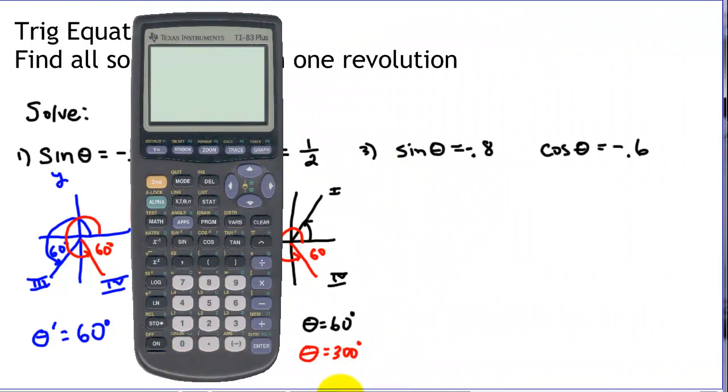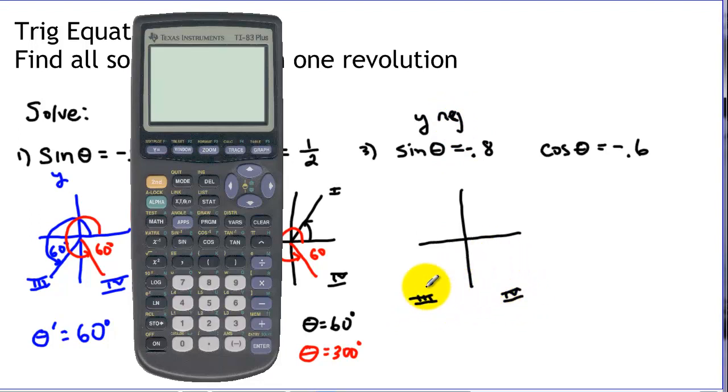Again, at least I like to start with a little diagram. And our first thing we want to do is, sine is related to the y. So we want to know where is the y negative. And the y is negative in quadrants 3 and 4.